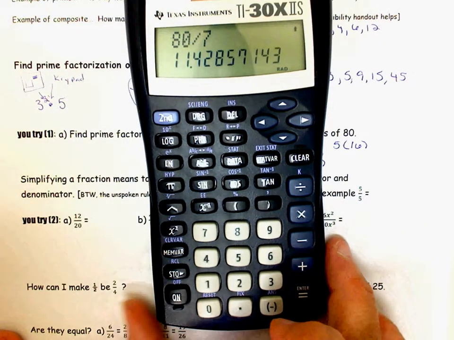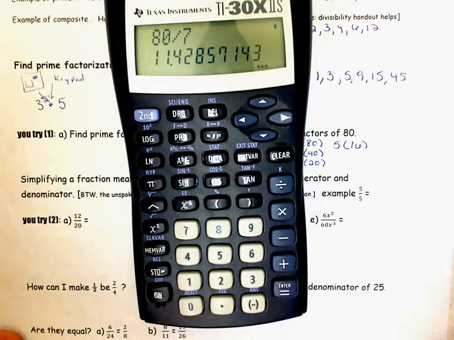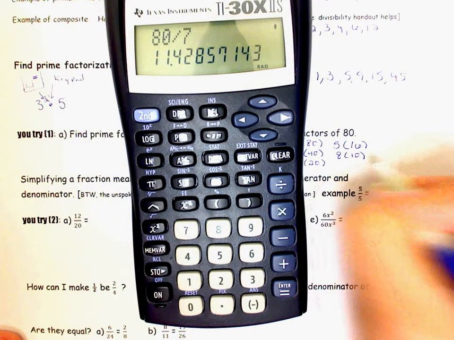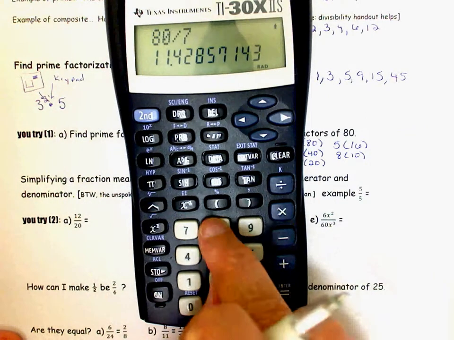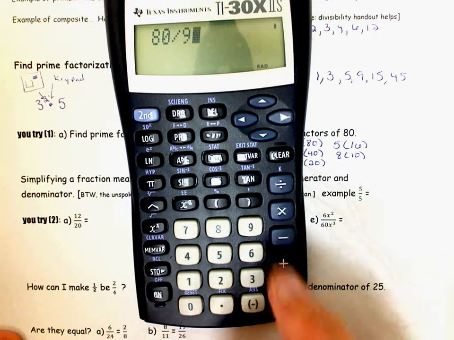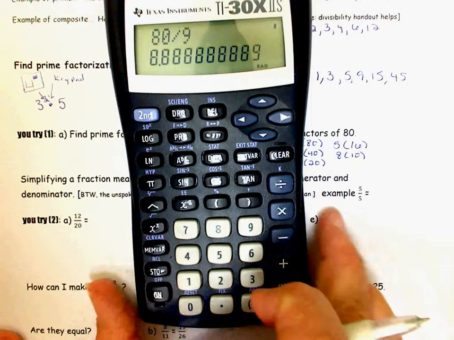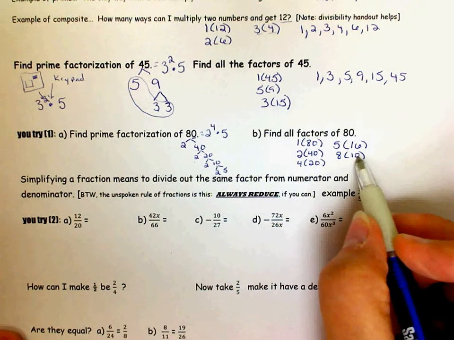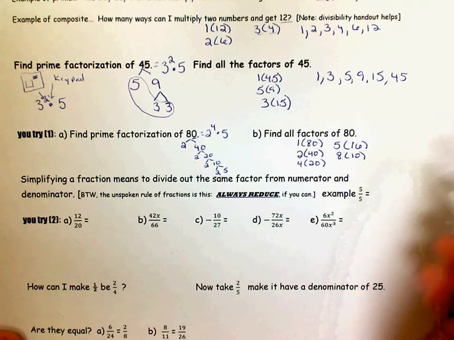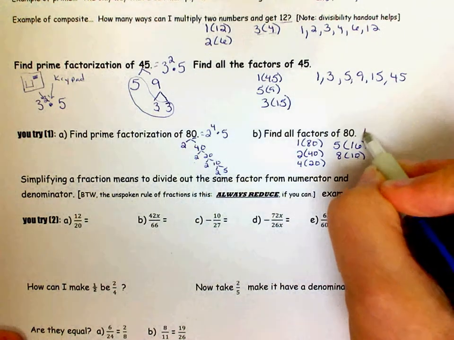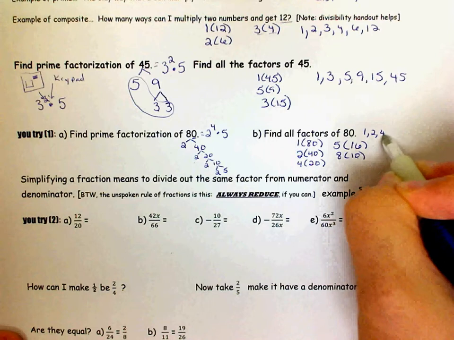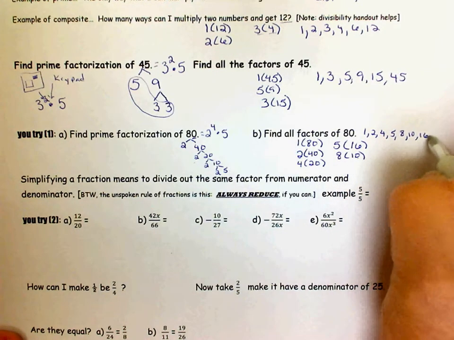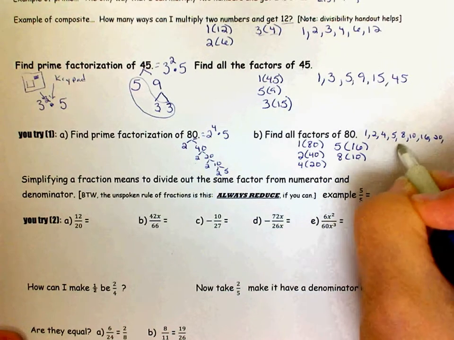So no, that doesn't go evenly. 8 goes 10 times, and let's see about 9. No. And the next number would be a 10, and we've already got 10 in the list. So this list looks like 1, 2, 4, 5, 8, 10, 16, 20, 40, and 80.